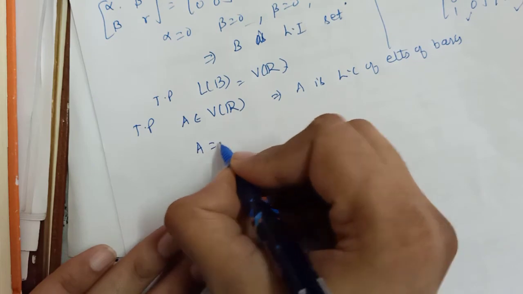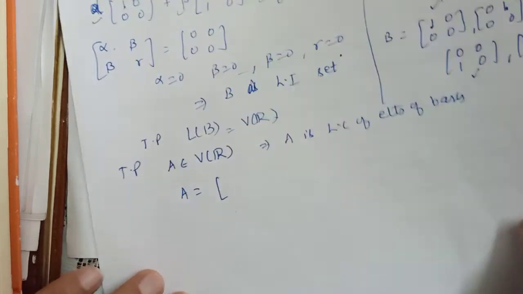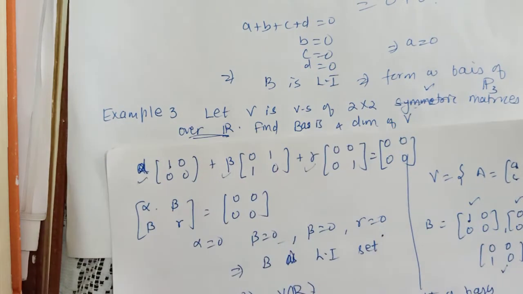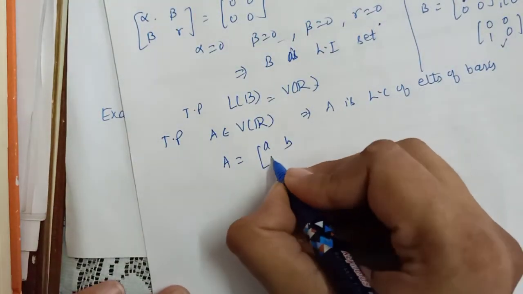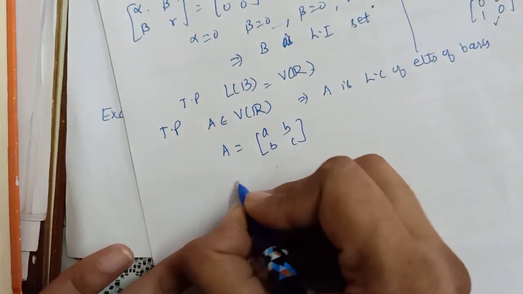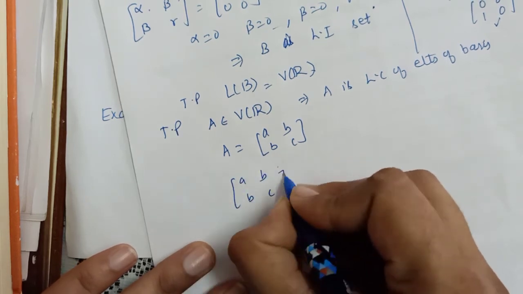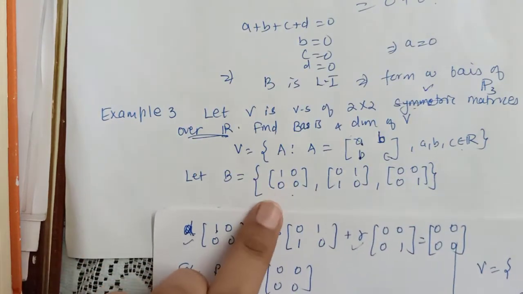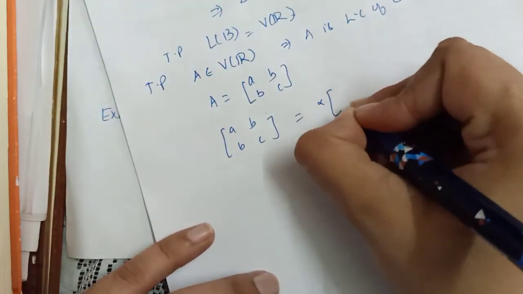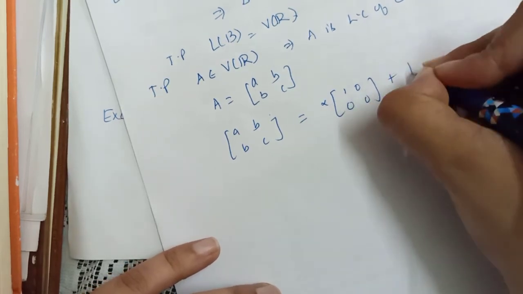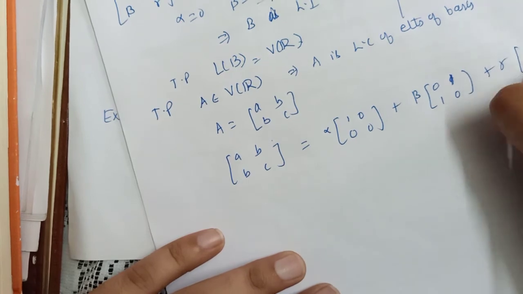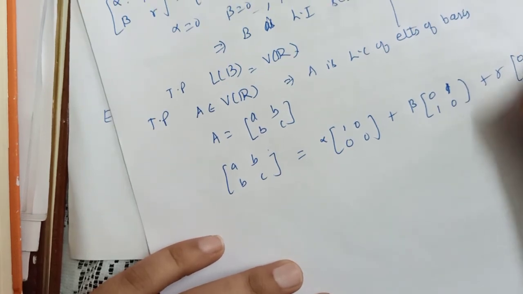So let us take a random element from our vector space. Look at what type of elements are there in our vector space. These are of type A, B, B, C, symmetric matrices. So let us write this A, B, B, C as a linear combination of elements of B. I'll again write random alpha times the first entry from the basis, beta times the second entry from the basis, and gamma times the third entry from the basis.